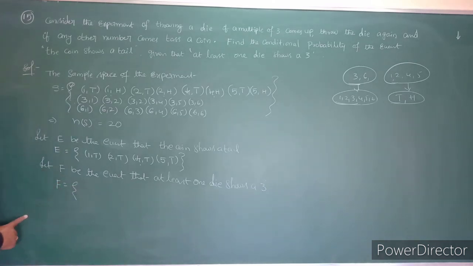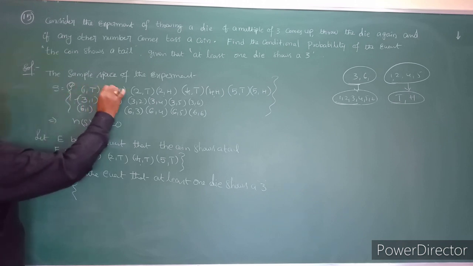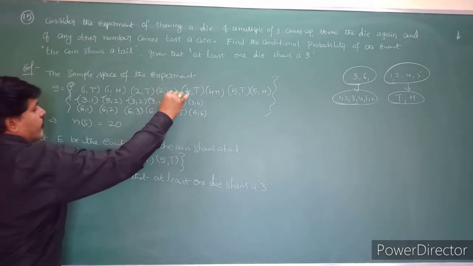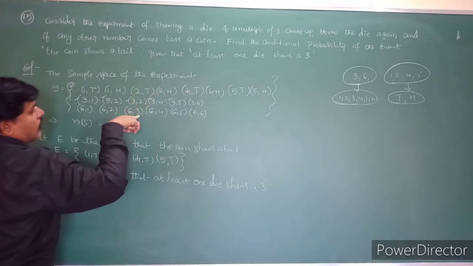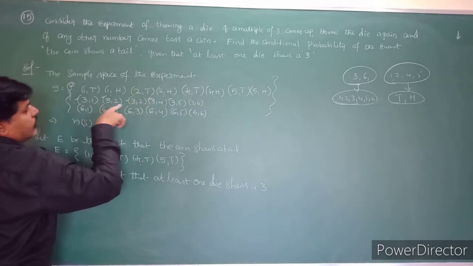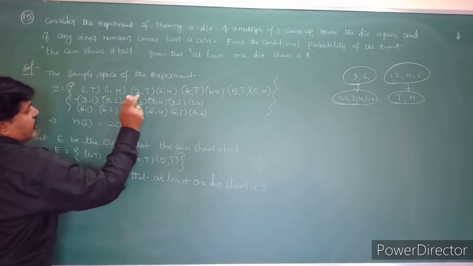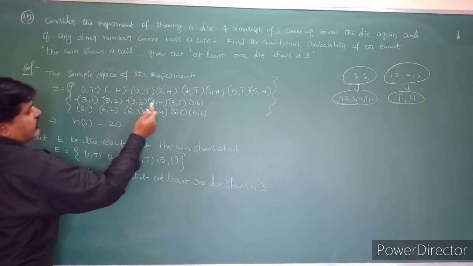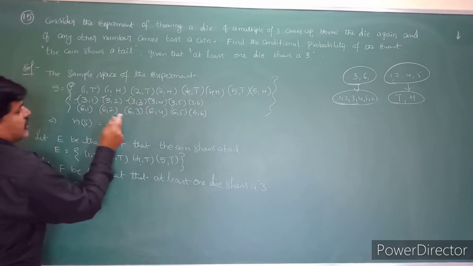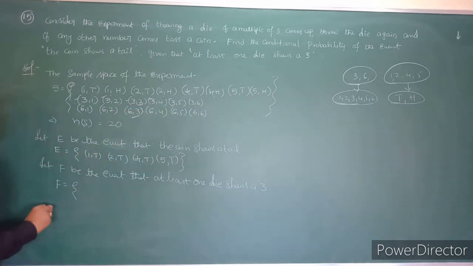At least one die shows a 3 means, so tick that one, students. (3,1), (3,2), (3,3), (3,4), (3,5), (3,6) and (6,3). This is also there, so the total is 7.